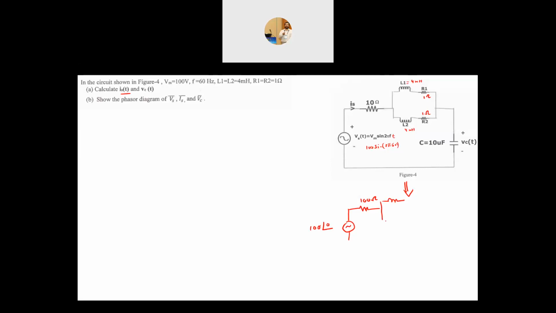Both of them are exactly the same. So we will have L is equal to 4 millihenry. This has to be converted to J omega L. And by the way, J is the root of minus 1. Okay, this is the imaginary number. So this is equal to J, omega is 2 pi F, which is 60, times L, which is 4 times 10 to minus 3.